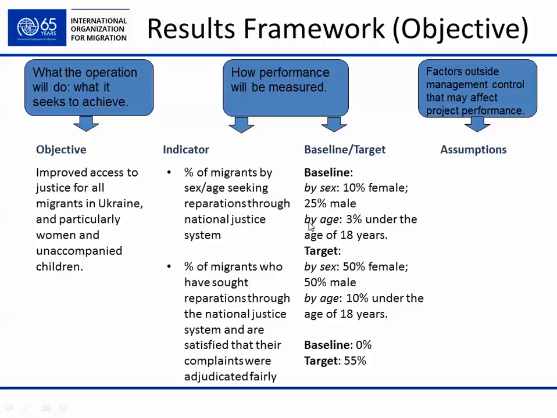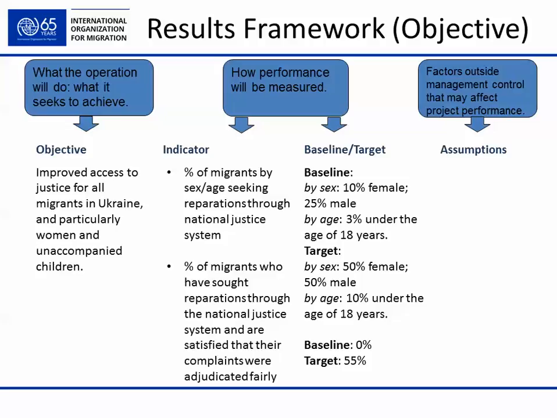By age, we have 3% under the age of 18 years. This is our baseline. This is what we have at the start of the project. Our target, what we have to achieve: the percentage of migrants by sex and age seeking reparations through the national justice system increases to 50% for female and 50% male, and by age to 10% under the age of 18 years.